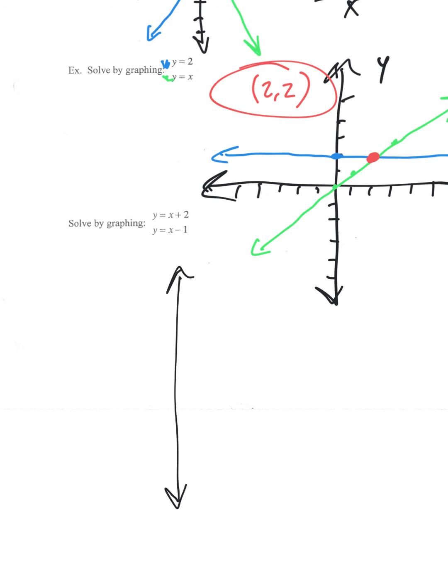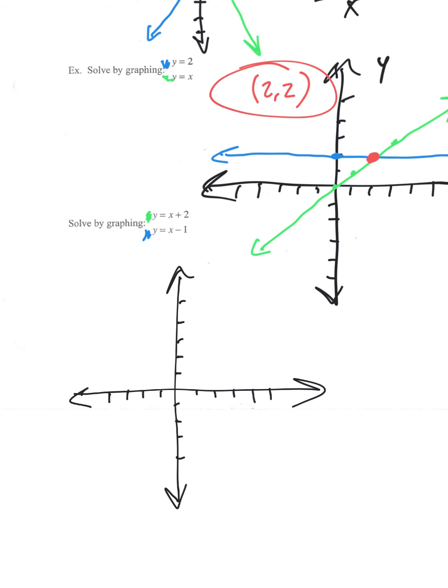Sketch my line. It's nice when they're in slope-intercept form already. That's really helpful. Okay, and I'll make the first one green and the second one blue just to switch it up.